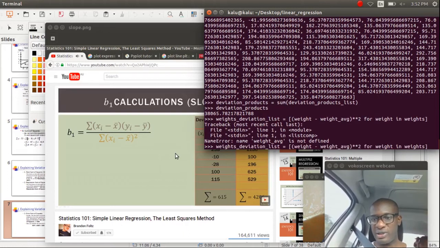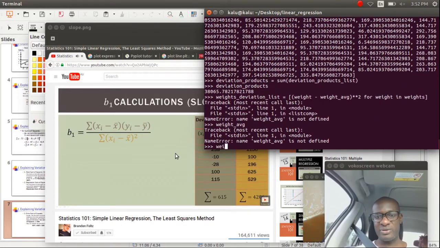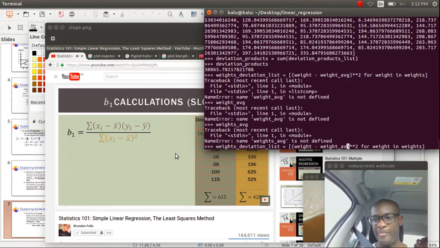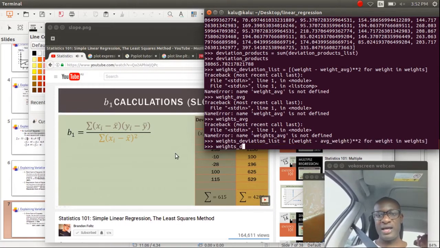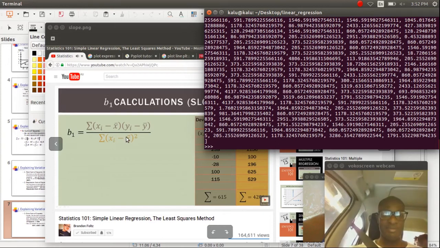And it says weights average is not defined. Did I not define weights average? Oh, average weight, I'm sorry. That's right, it's average weight. So let's switch this to average weight and it should work. So now let's look at the weights deviation list. That is a list of every single weight minus the mean and then squared.